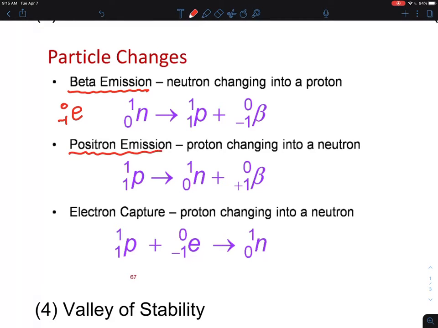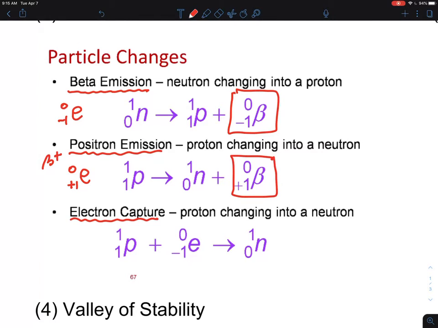Positron emission, positron is beta plus, and that was 0 and plus 1. Electron capture is the opposite of the emission. So this one shows up on the other side, right? They can write it as e or they can write beta. It's the same thing. Actually, people probably write this one more, whereas the capture is happening before.